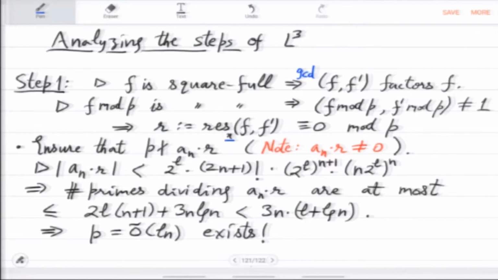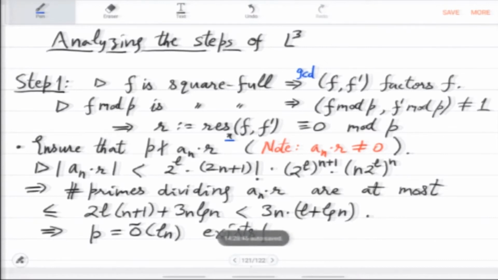So that's R. So what you want is a prime p such that p should not divide the resultant R, and p should not divide a_n, the leading coefficient. Okay, so we want a prime number p that doesn't divide a_n times R.